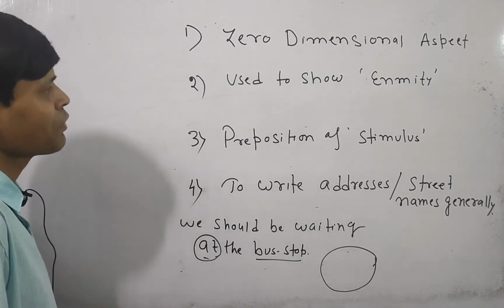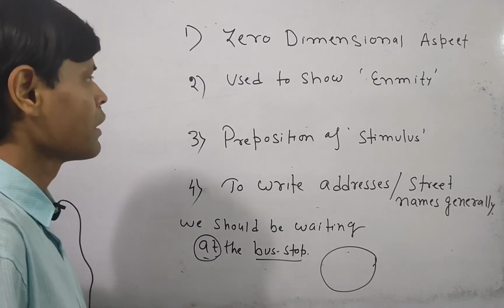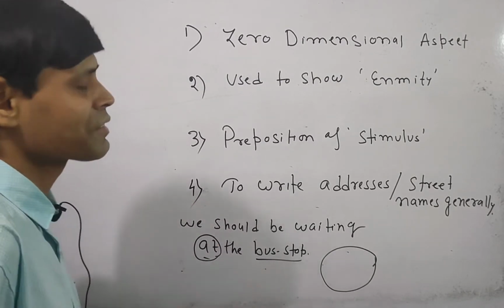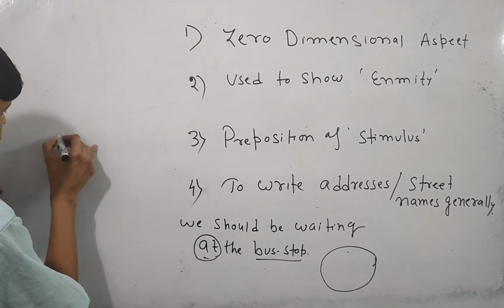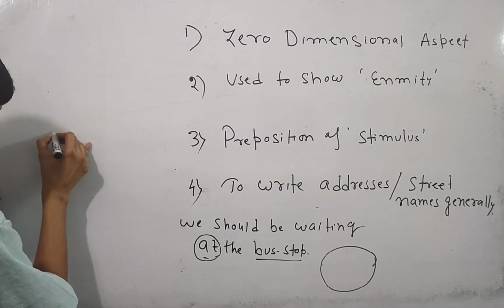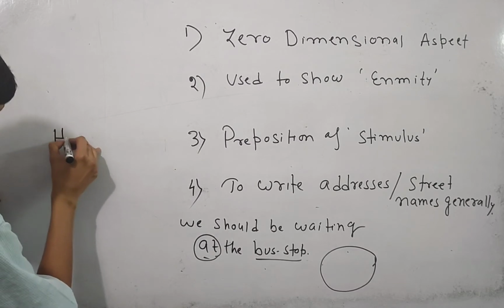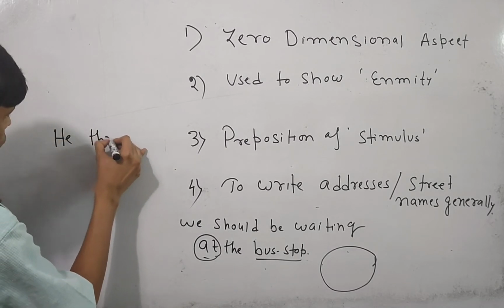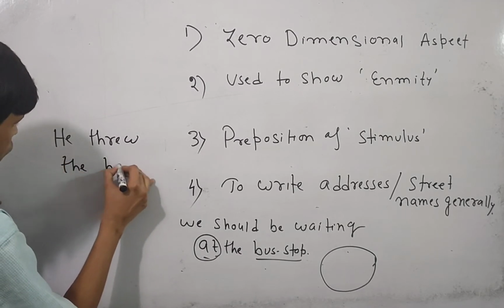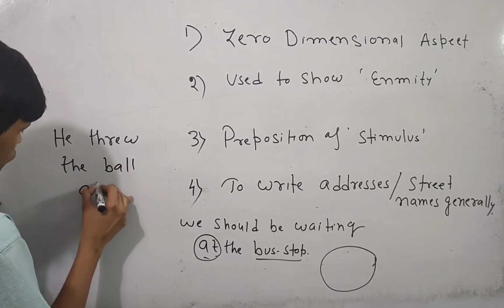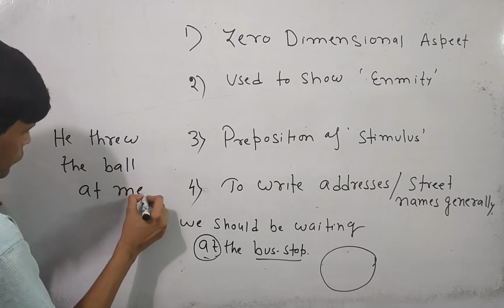Now in the second use, I have written: used to show enmity. Now what is that? Suppose I am going to write that he threw the ball at me.